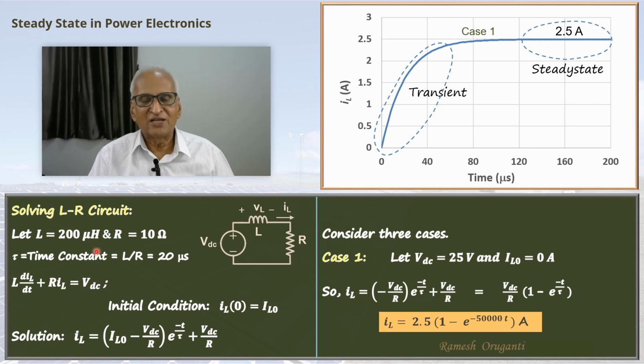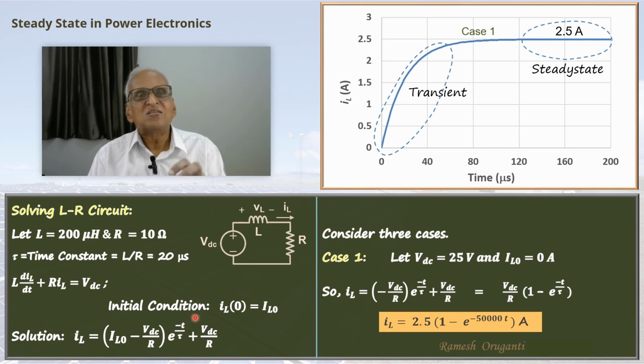So please remember that. Now I am going to consider two more cases with the same circuit and the same solution. The reason we are doing this is that these three cases will be useful to us while we are analyzing the power electronic converter a little while later.